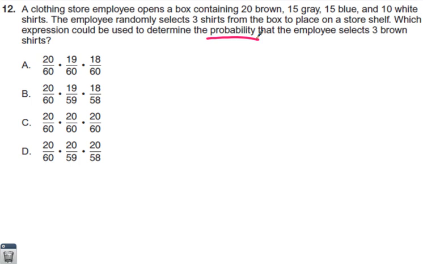And that's why you see all these choices having 3 fractions all being multiplied together, because that's what you should do. We have 20 brown shirts, this many grays, this many blues, this many white shirts. And we're trying to figure out what the probability is of picking out a shirt and having it be brown.